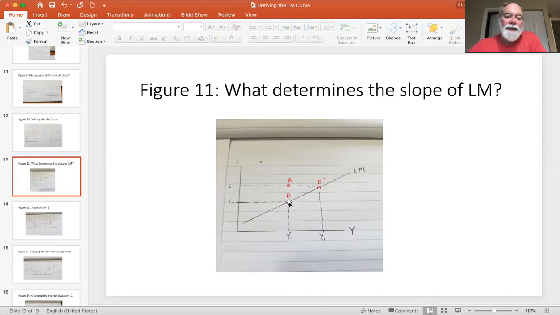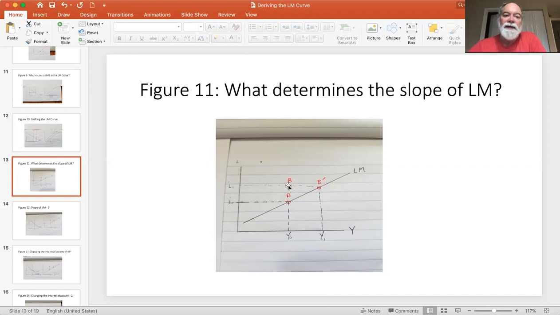Starting at point A, suppose the interest rate goes from I0 to I1. We're now at point B. At point A, because we were on the LM curve, we knew that money supply equals money demand. At B, GDP has stayed the same, but we're at a higher interest rate.